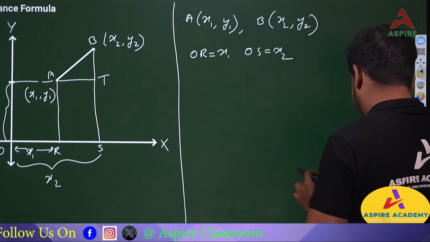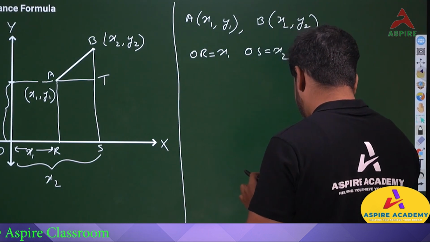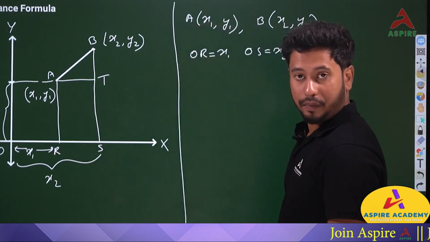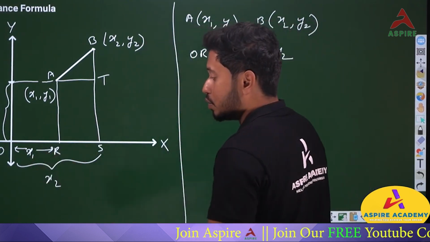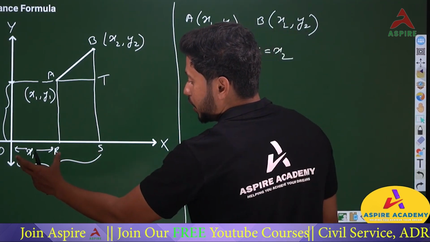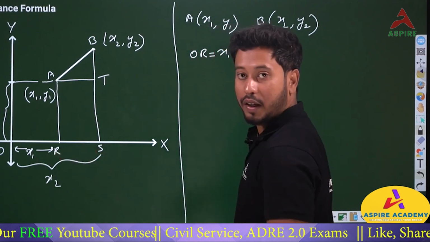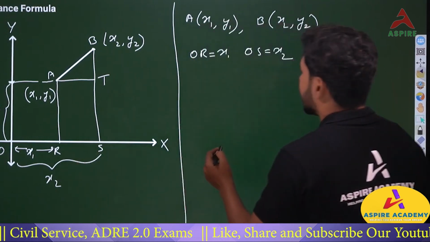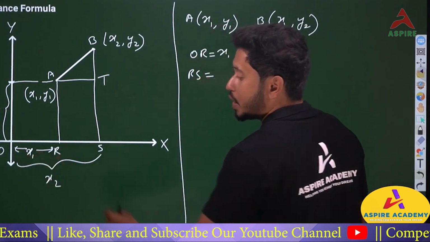So what will be RS here? We know that OR equal to x1 and OS equal to x2. If we subtract OR from OS, then we will get RS, right? So RS equal to OS minus OR.